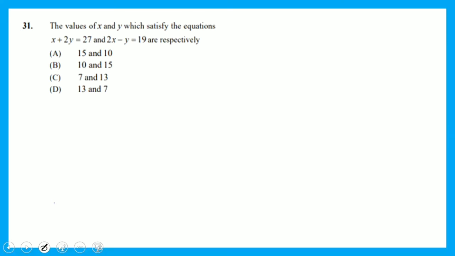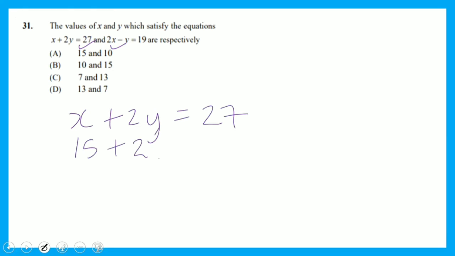So you could have tried 15 for x and 10 for y in both equations and see if it works out. So let's try. I'm not going to do all of them, but just showing you how you could test them. If x was 15 and y was 10, would we get 27 for our answer? 15 plus 20 is not equal to 27.